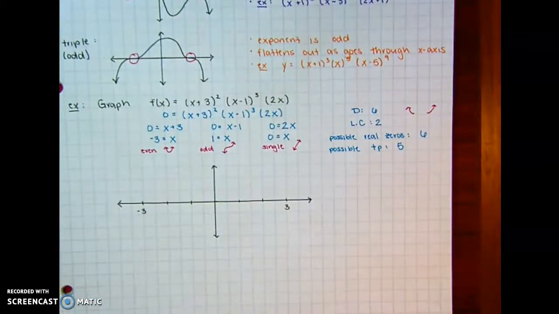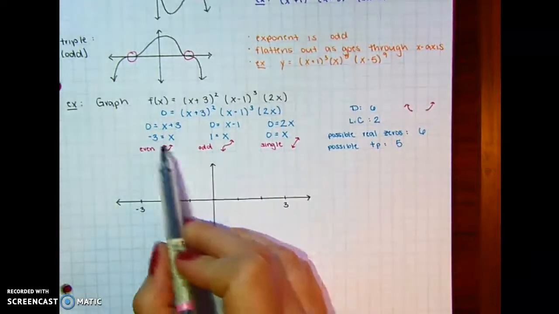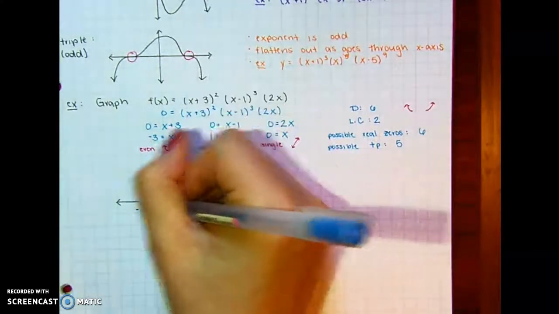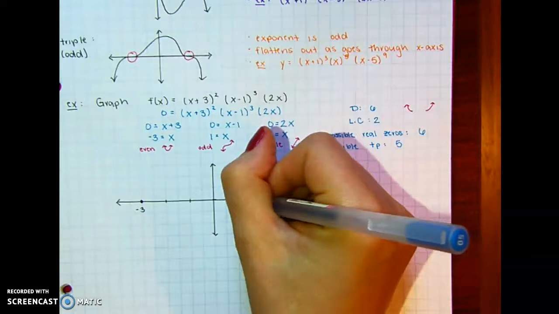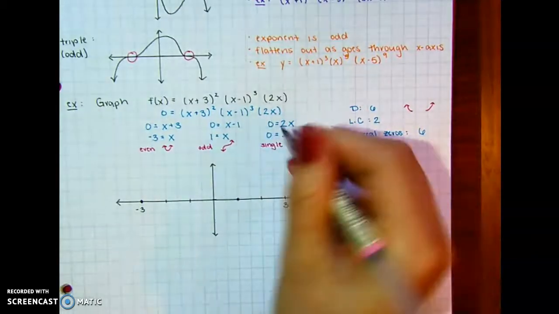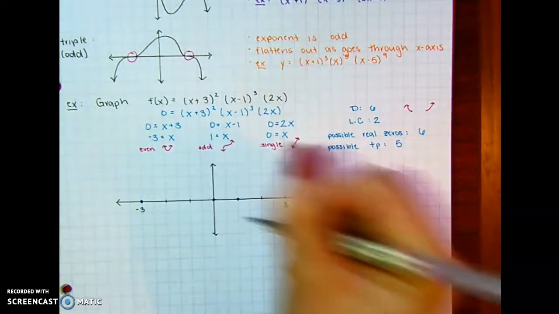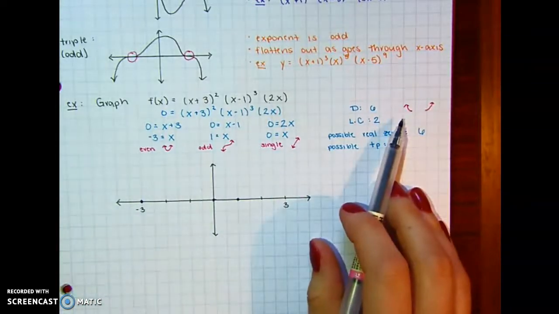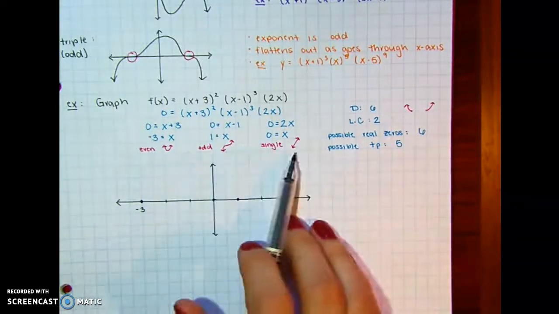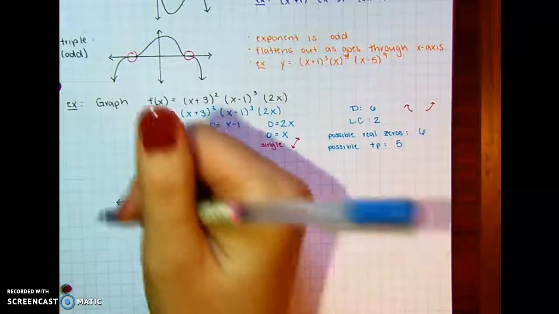Alright, so first thing I would do is plot your roots, so -3, +1, and 0. Now we have to make sure we start in the right area, so we're going to start in the top left coming down, and we need to make sure we intersect the correct way, so we're going to bounce off.